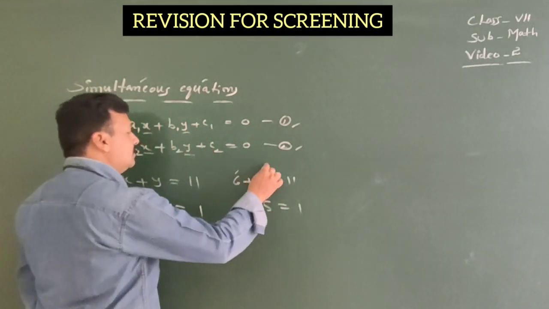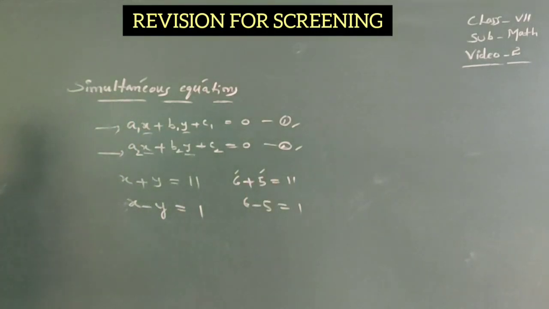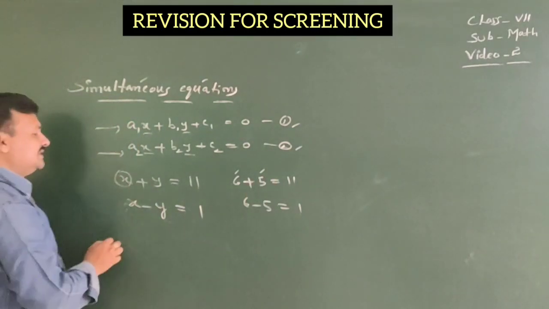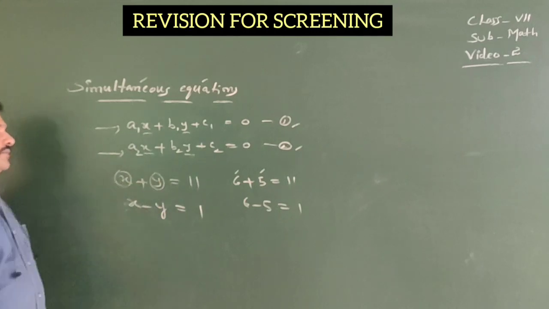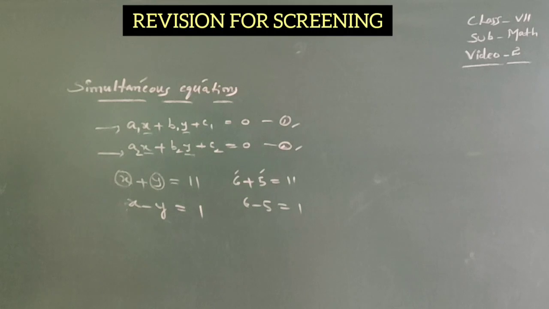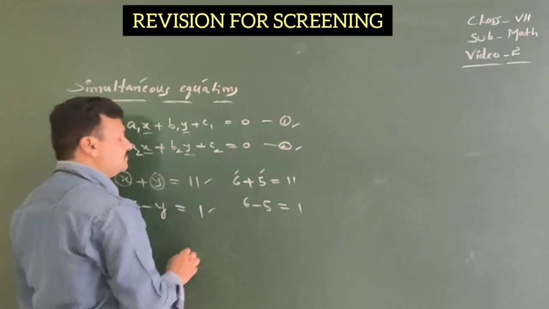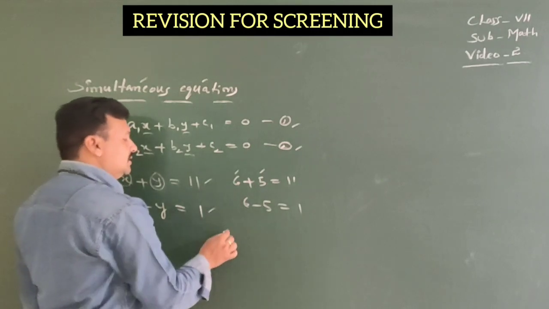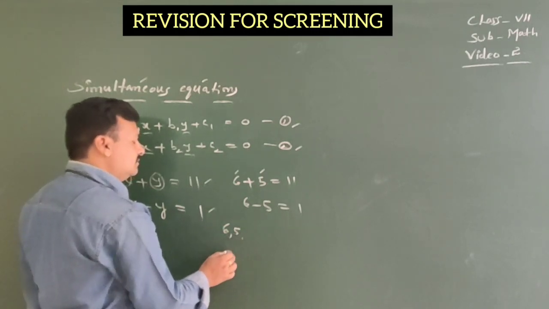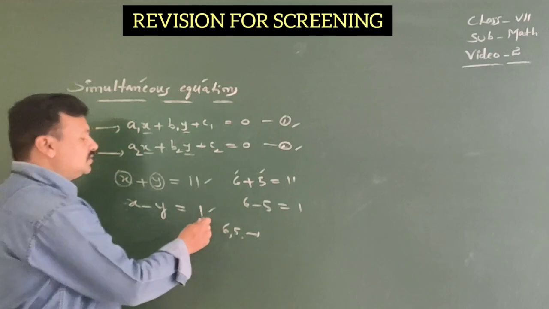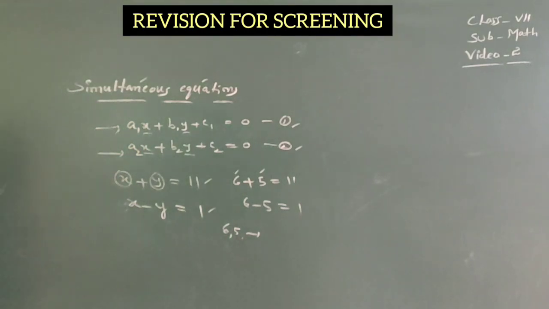Here the value 6 and 5, instead of x, 6, instead of y, 5. If you substitute 6 and 5 instead of x and y, here both equations are satisfied. Here 6 and 5 is called the solution of the given simultaneous linear equation.